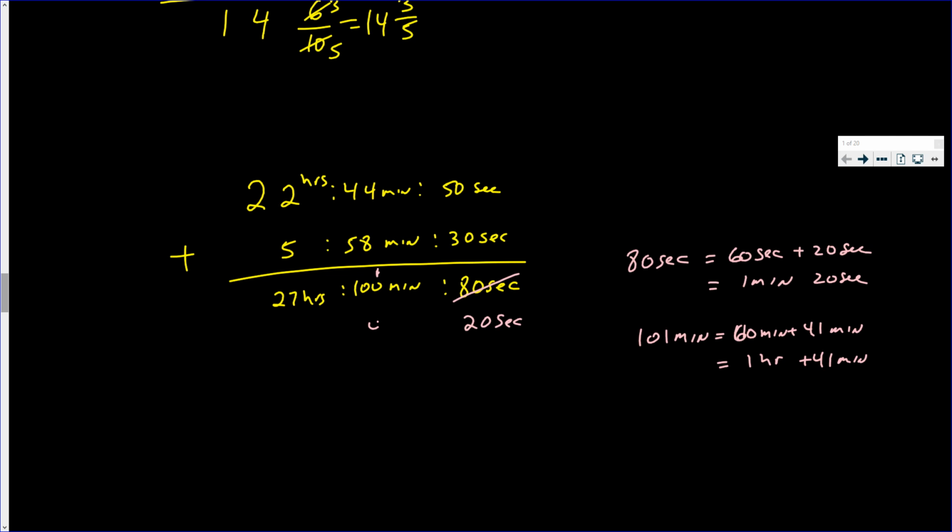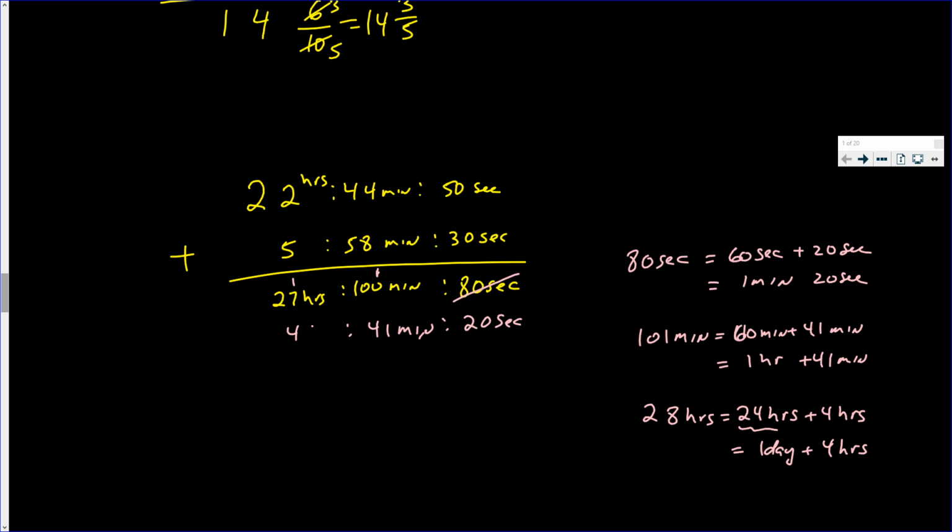So this becomes 41 minutes, but then you add to the hour. So now you have 28 hours. But 28 hours is 24 hours plus 4 hours. I say 24 because now I can call that a day. It's 1 day, 4 hours.